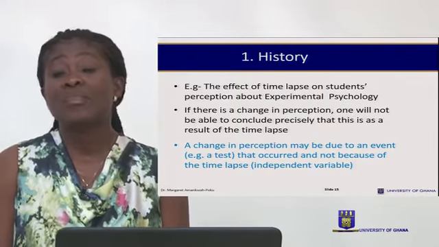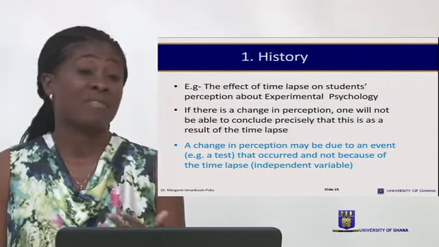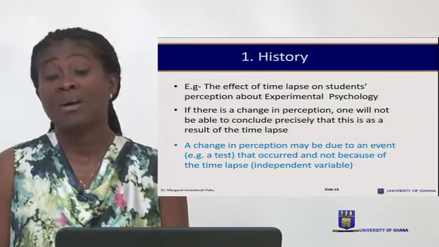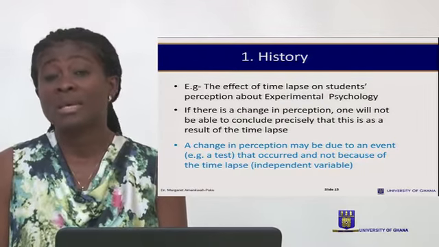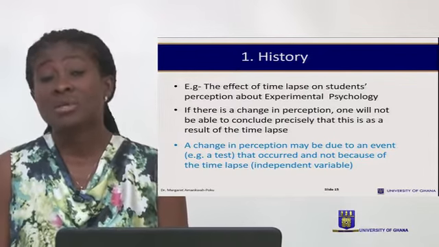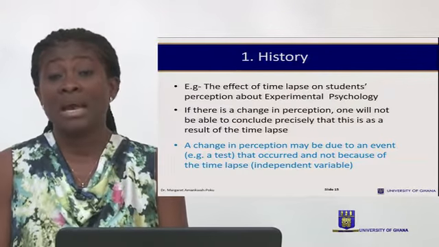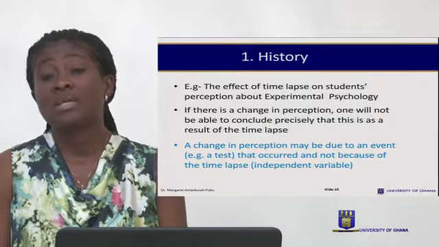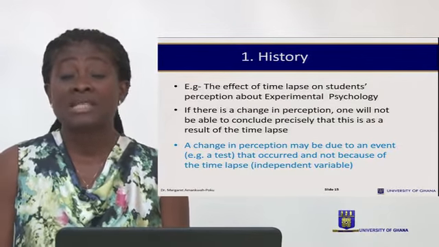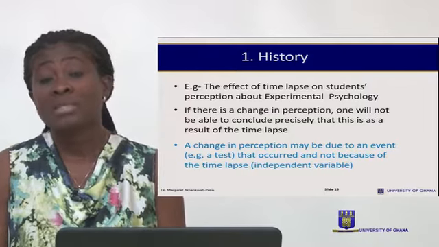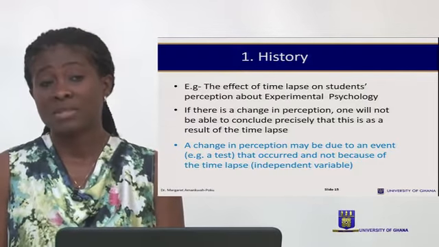At our initial pre-measurement, we noticed that students have a very positive perception about the course. And then we do an interim assessment, and students don't perform very well. At the end of the 13 weeks, we do a post-measurement and notice that students' perception has changed from positive to negative.